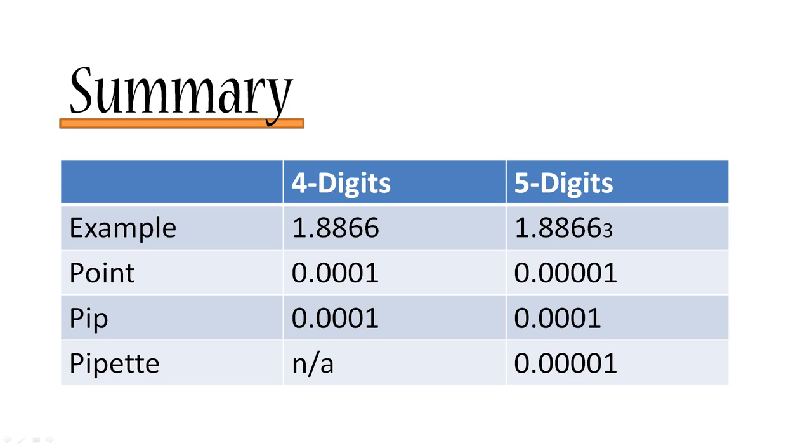A pip never changes. A pip is always fixed regardless of the quotation system, and it equals 0.0001. And a pipette, there's no such thing in the 4-digit system. In the 5-digit system, because there's enough precision, you can talk about pipettes, and it's 0.00001. However, I do advise not to use this term because it's not frequently used.